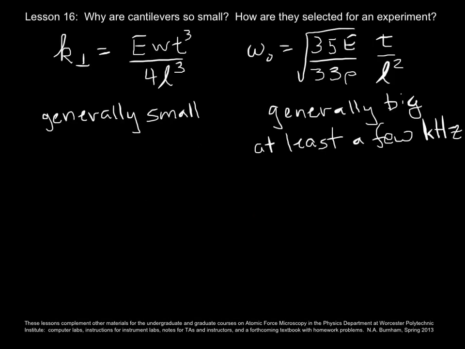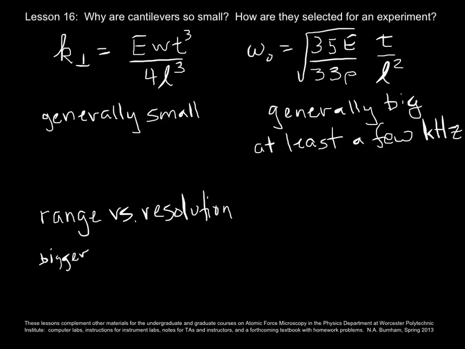Here are the two important equations in this lesson, that of the spring constant in the normal direction and the resonant frequency of that spring constant. In selecting a cantilever for the spring constant, you would be thinking about range and resolution. So if you want to apply a large range of forces, then you need a bigger spring constant.